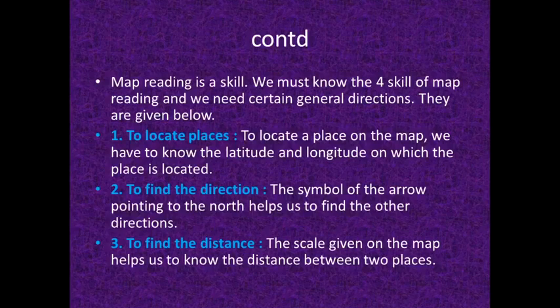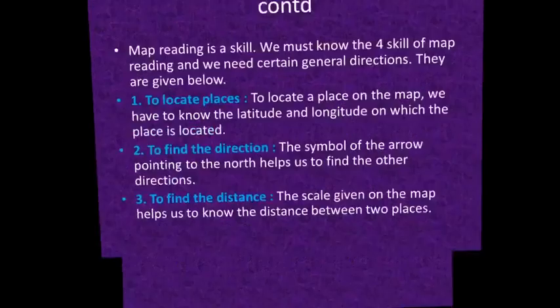To find the direction, the symbol of the arrow pointing to the north helps us to find the other directions, as we already have seen about it. And also to find the distance, the scale given on the map helps us to know the distance between 2 places.